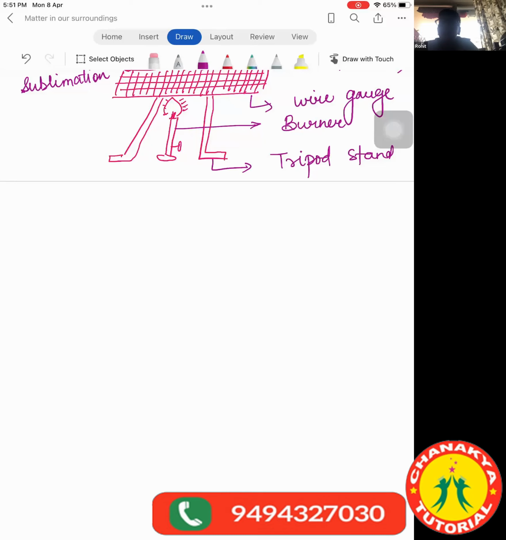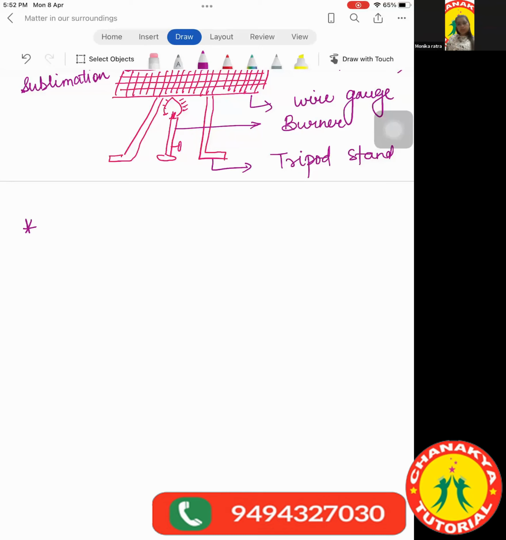Ma'am, I don't remember actually. Tell me the conversion of liquid to solid known as? Ma'am, is it solid? Rohit, do you know? Melting or fusion, right? Freezing, not melting.